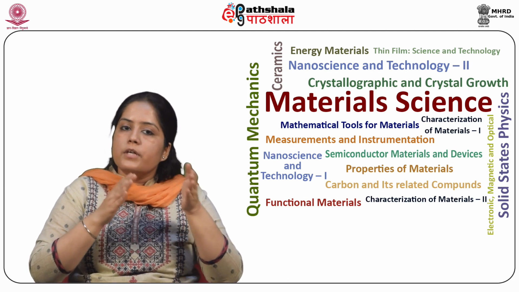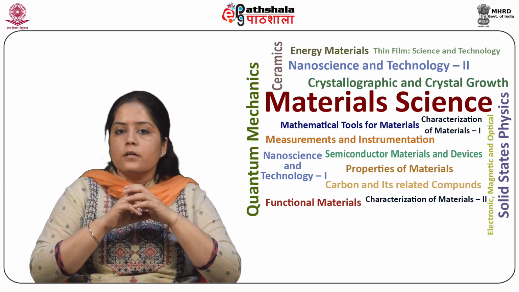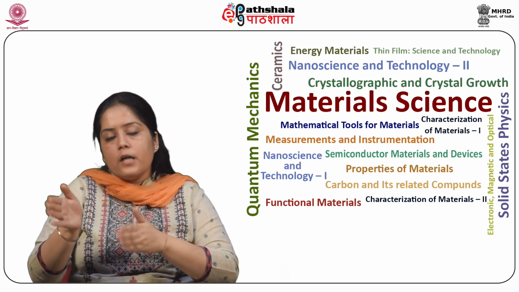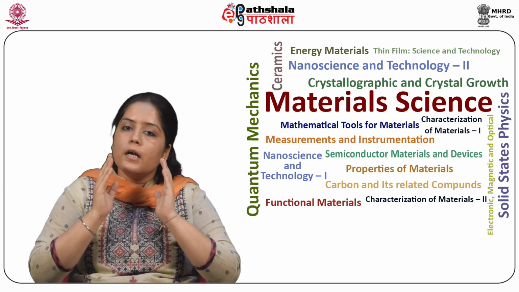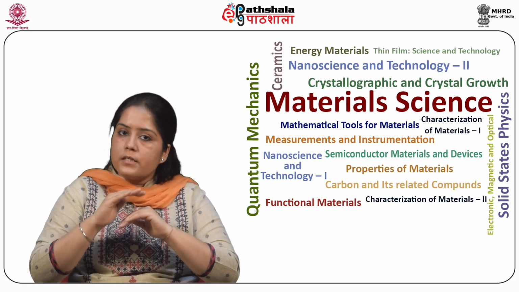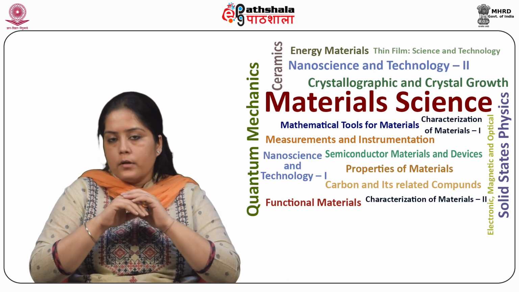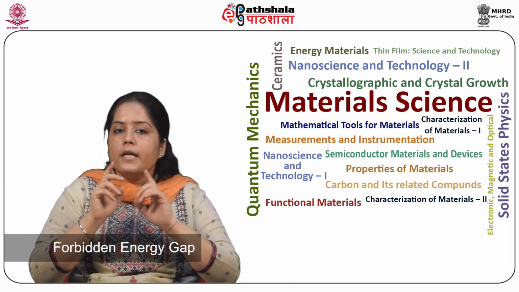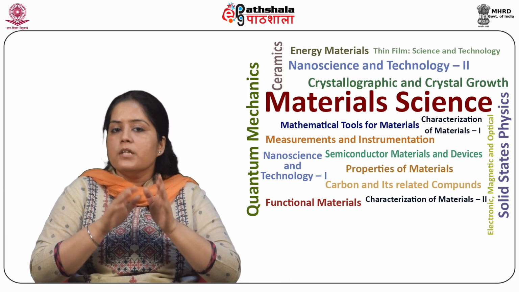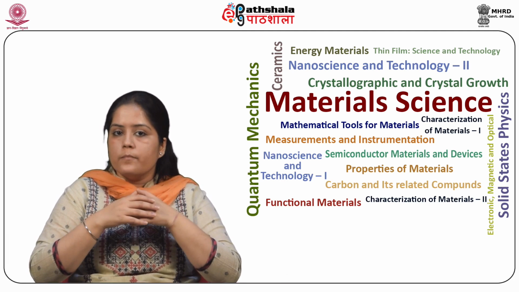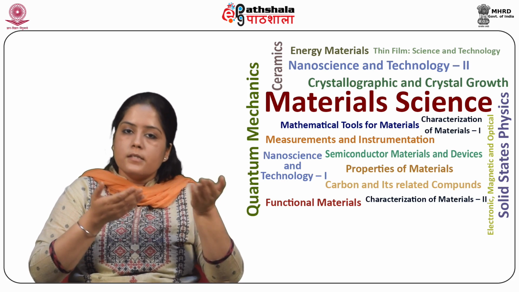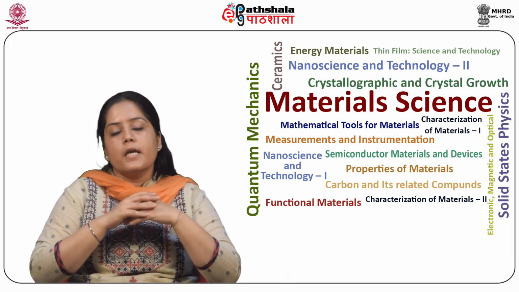First is the region of filled states called the valence band, and second is the region of unfilled states called the conduction band. These two regions are separated by an energy gap known as the forbidden energy gap. The magnitude of the energy band gap, or we can say Eg, determines the nature of the material, whether it is a semiconductor or an insulator.